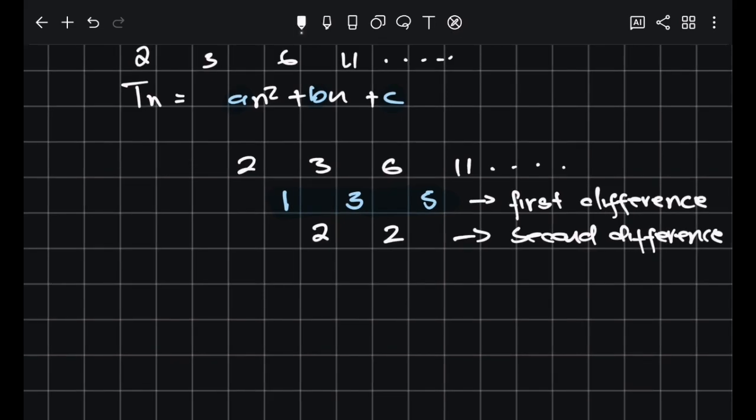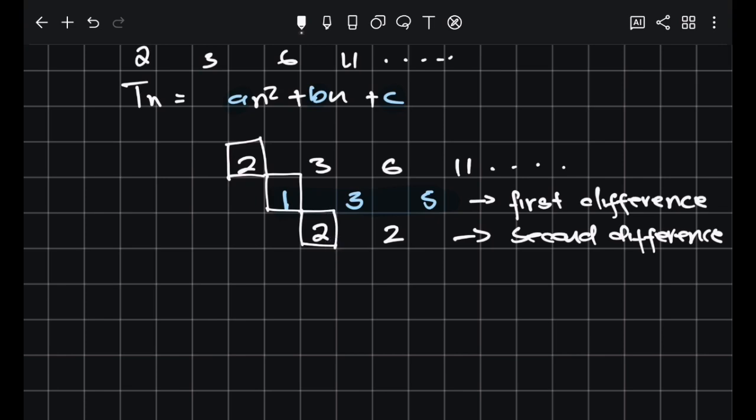So now, this is how you find your A's, B's, and C. You only look at these first terms. These are the only numbers that you consider.